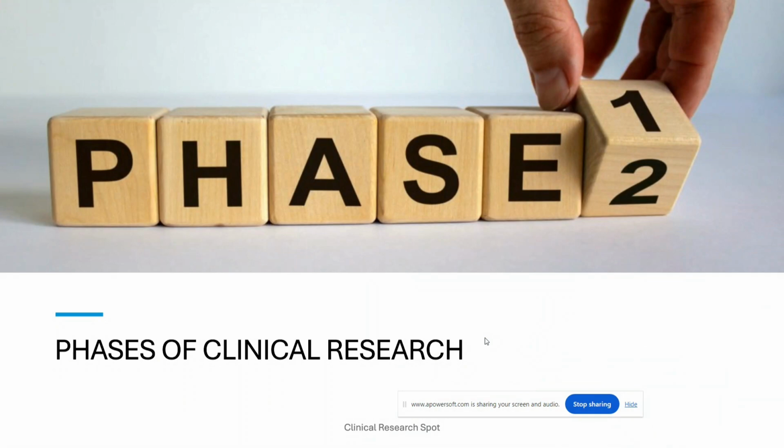All these things the investigators are testing in clinical trials. Actually, clinical trials show us what works and what does not in medicine and healthcare.